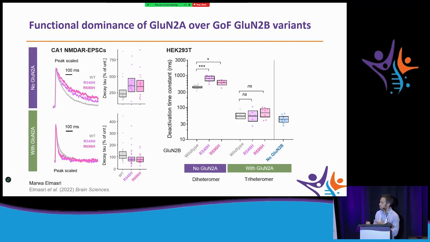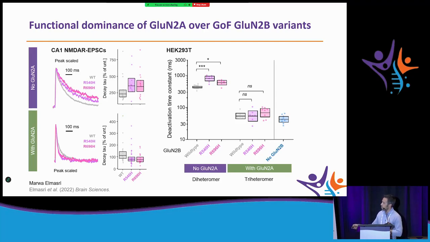So dihetramers, GLUN1 and GLUN2A, or trihetramers, GLUN1, GLUN2A, and GLUN2B, in HEK cells which don't normally express NMDA receptors, then applied agonists to the membrane of those HEK cells, and sees that the activation is slower for these gain of function variants, just like we saw in the neurons.